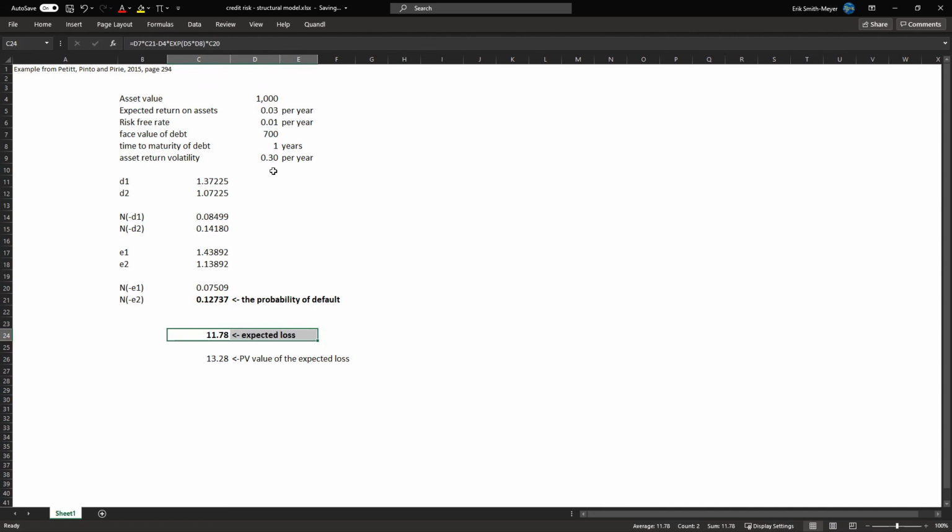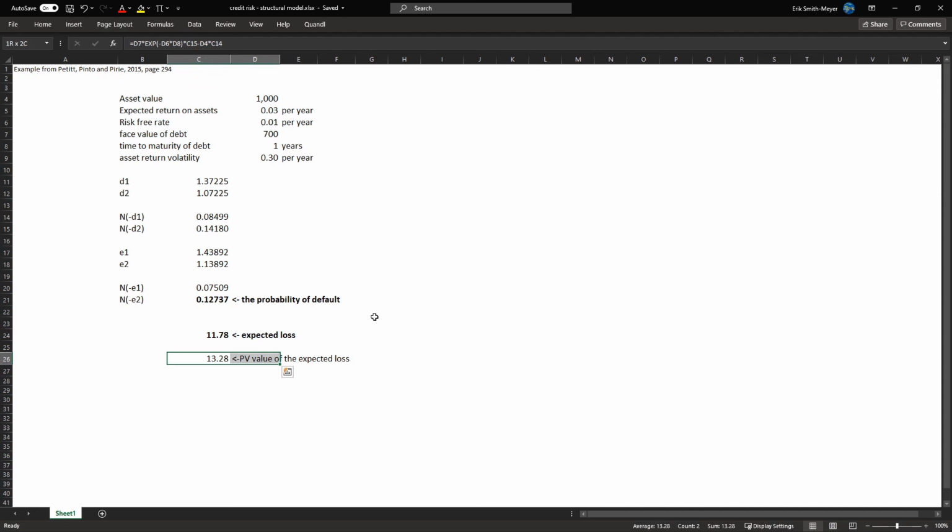Given an asset value of 1,000, face value of debt, and expected return on assets of 3% per year, the debt maturing in 1 year, and asset return volatility of 30% per year, you have an expected loss of 11.78.